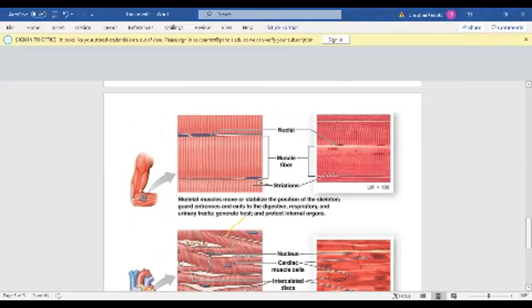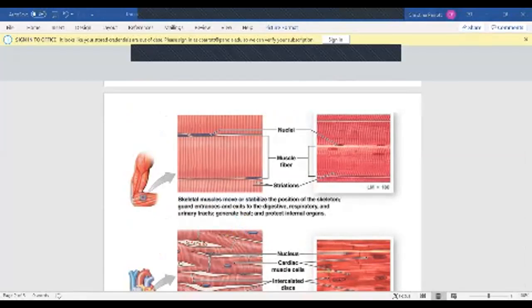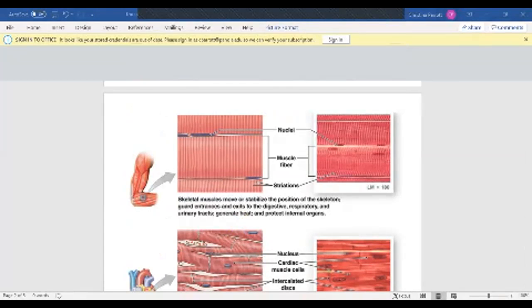There we go. This top one, what we're going to be doing on this picture is comparing the 3 different types of muscle tissue. And you had all 3 of these types when we talked about the different tissues in our histology unit. So remember, in our histology unit, we talked about all of the epithelial tissues, all of the connective tissues, all of the nerve tissues, and all of the muscle tissues.